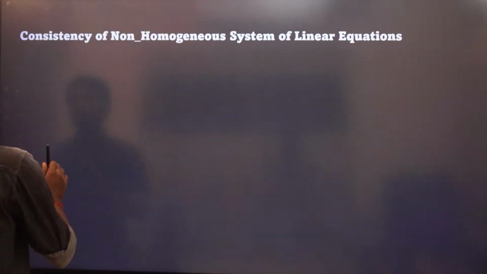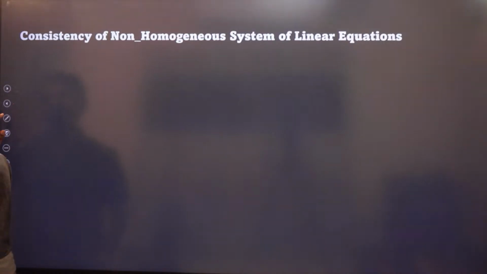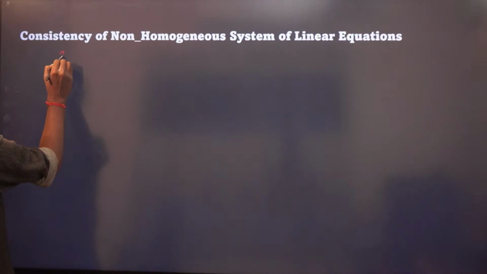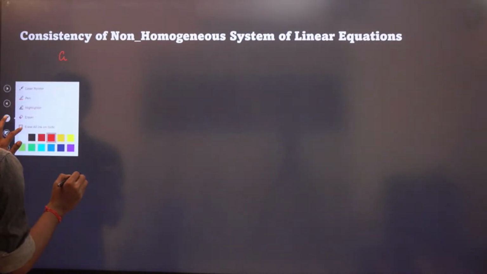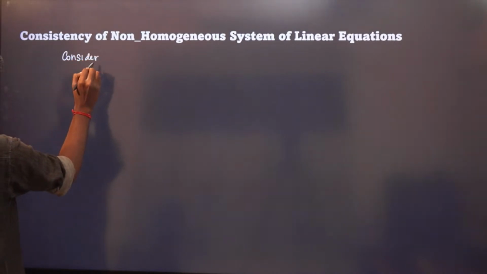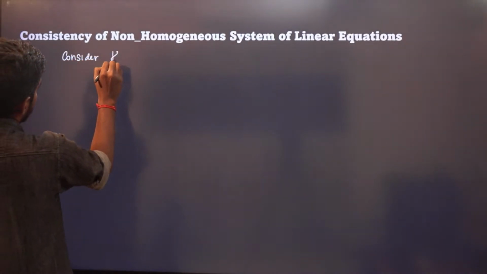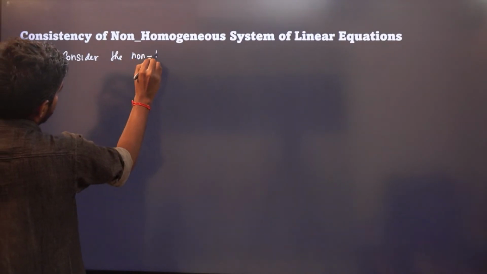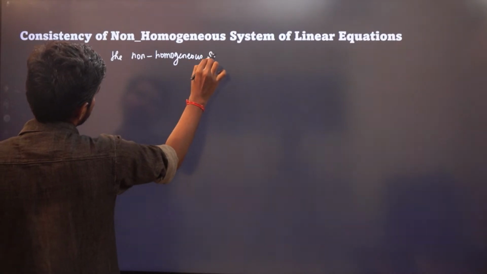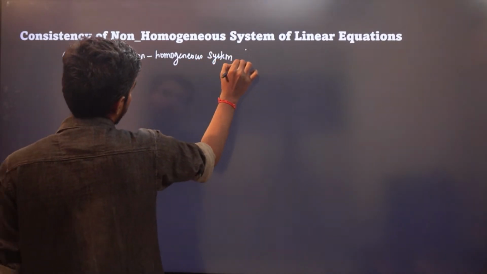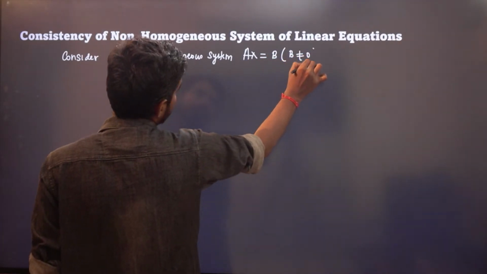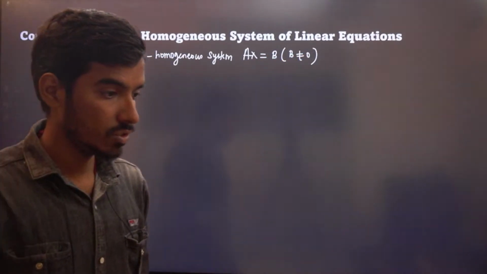Okay, consider a non-homogeneous system. Non-homogeneous system means the output vector is non-zero. Consider the non-homogeneous system Ax is equal to B, and B is not equal to 0.